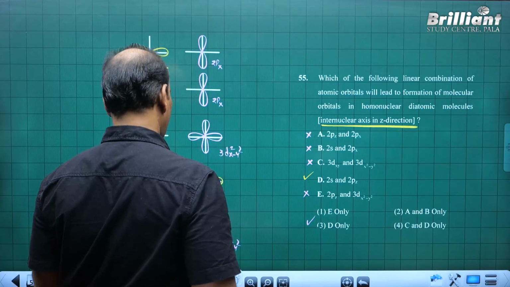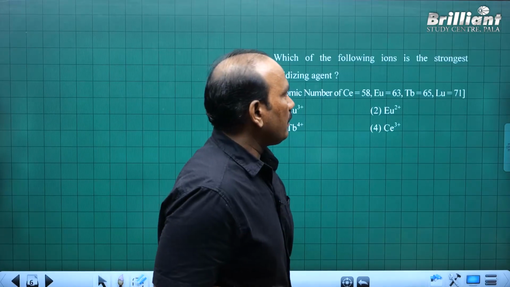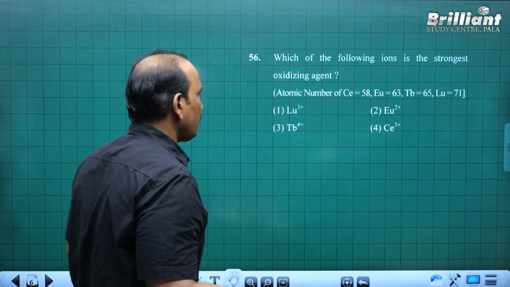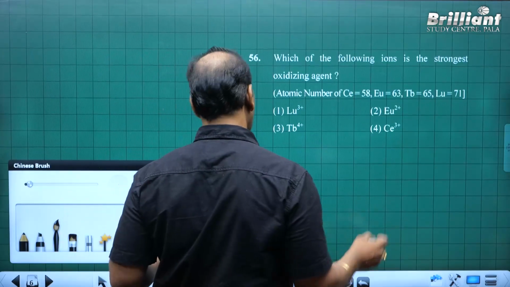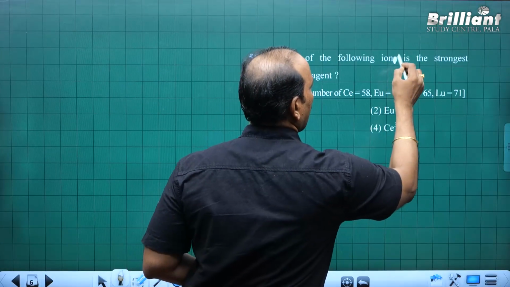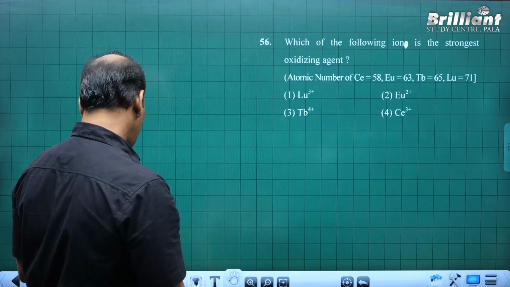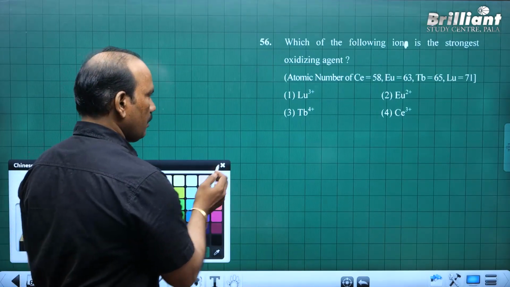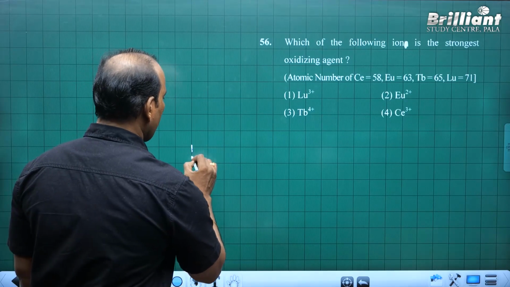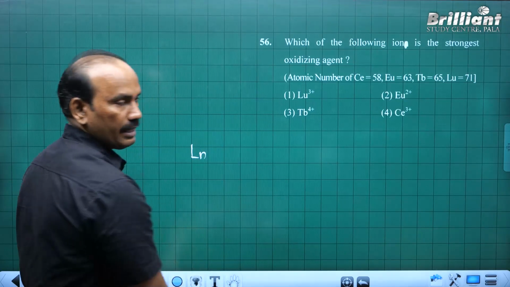Now, which of the following ion is the strongest oxidizing agent? Okay, it's a simple question. There is no concept, just lanthanide ions.